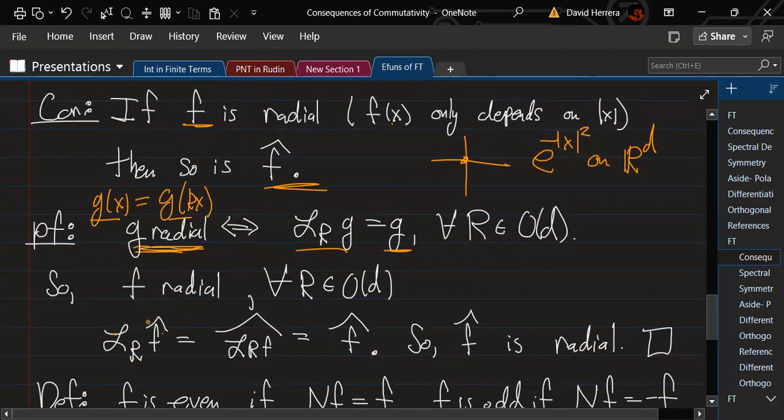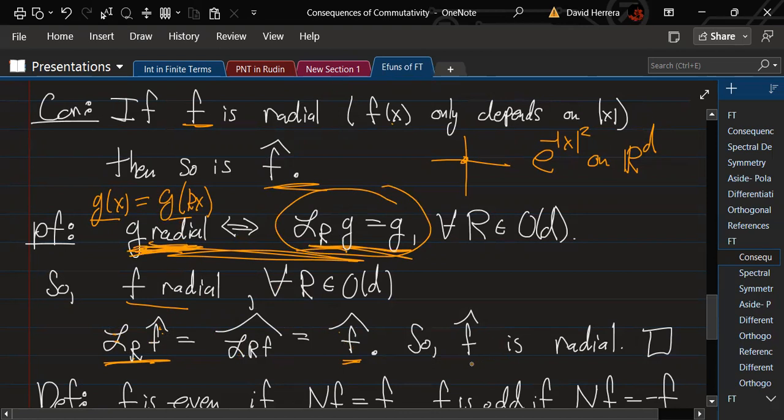Well, we know that they commute, so you can move this on the inside, L_R of f. If f is radial, we know from this identity here that it doesn't do anything. So L_R of the Fourier transform is the Fourier transform. So we verified that this was true for the Fourier transform, which means that the Fourier transform is radial.